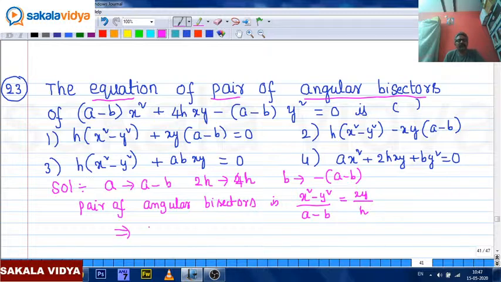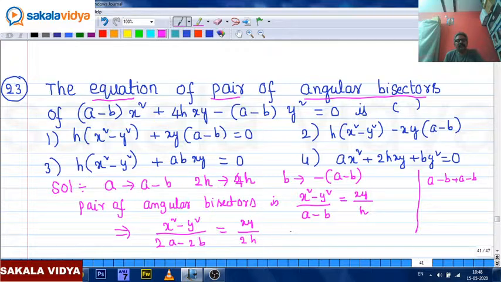Let us substitute: x square minus y square by, we need to subtract a minus b from minus of a minus b. That becomes a minus b plus a minus b, which is 2a minus 2b, equal to xy by h. What will be the h value? That will be 2h. Now 2 gets cancelled.